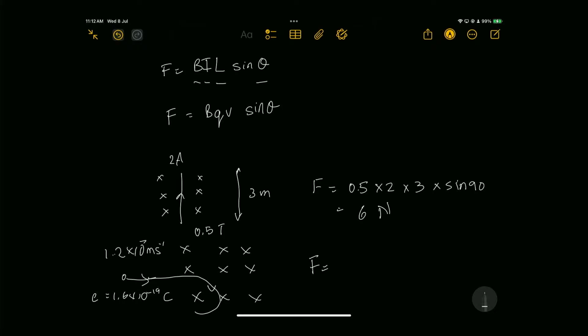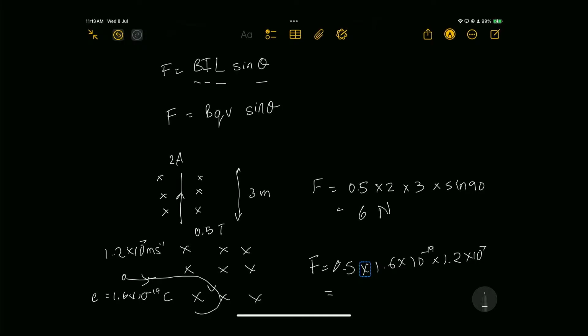Right, so the magnitude of the field is what? 0.5. The speed, the charge is 1.6 by 10 to the negative 19, and the speed is 1.2 by 10 to the 7. Now, this is moving perpendicular to the magnetic field, so sine 90 would just be 1, right?